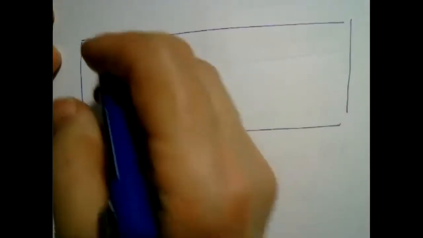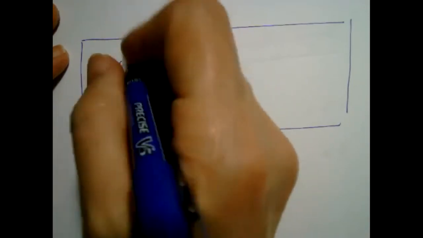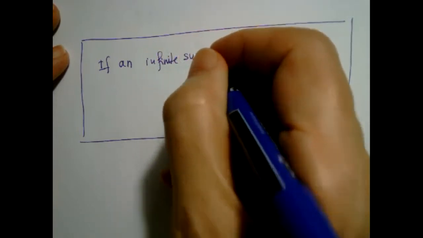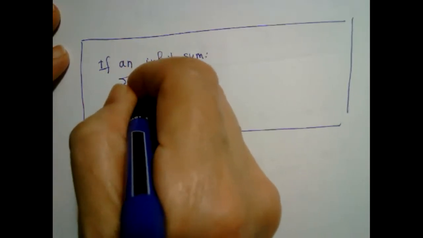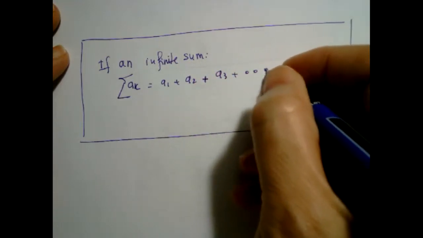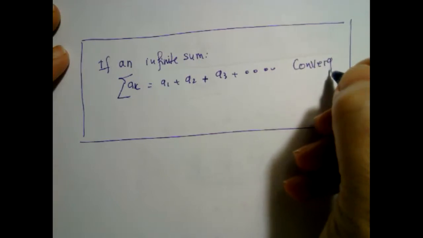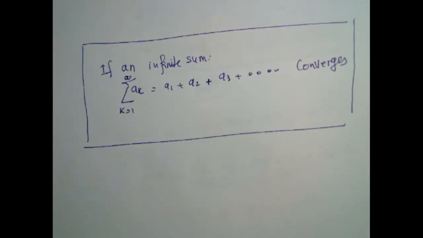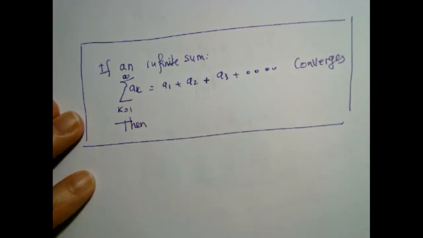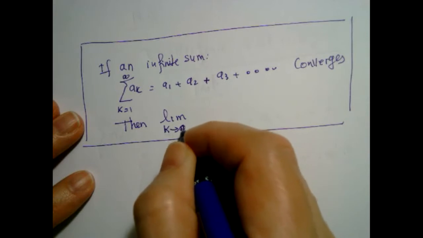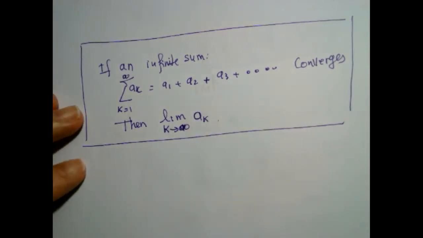So the first important fact: if a series, if an infinite sum, sigma a_k, meaning a_1 plus a_2 plus a_3, et cetera, converges, then if I know that the series converges, what can we say about the limit as k tends to infinity of the general term?